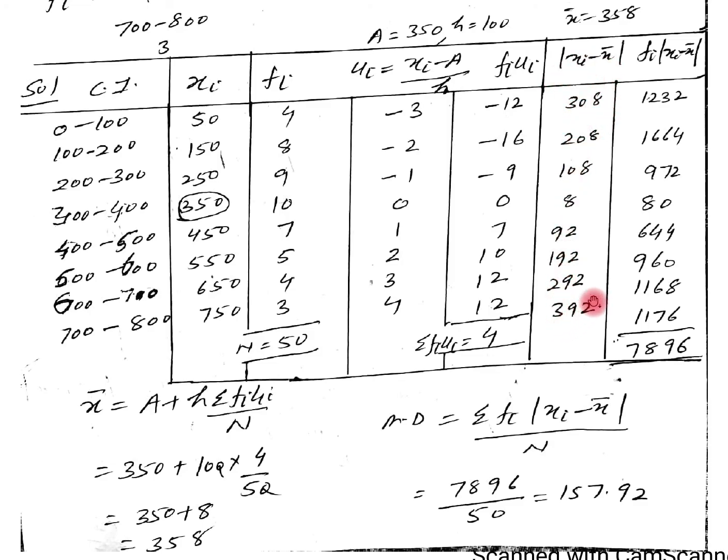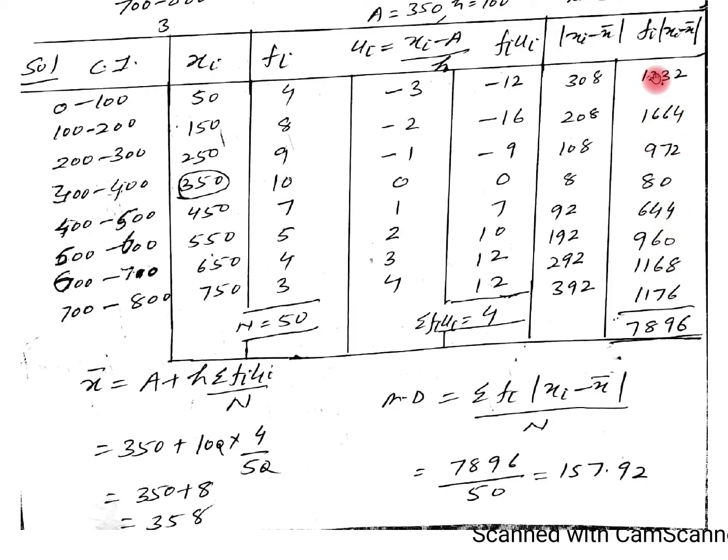Now the next column, because the data is grouped, I have to make the column fi into |xi minus x bar|. It means we have to multiply these two columns. When we multiply these columns, we get the first value, and so on and so forth. Now adding all these values, I am getting 7896.